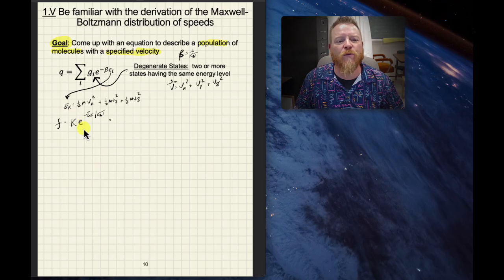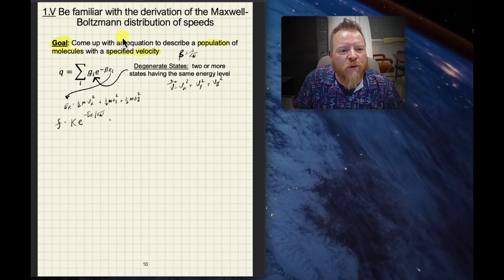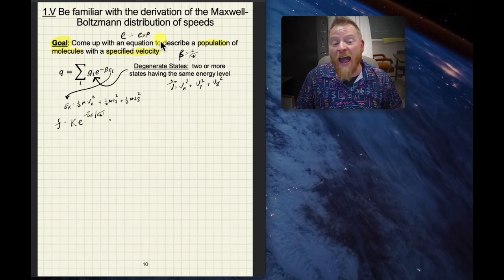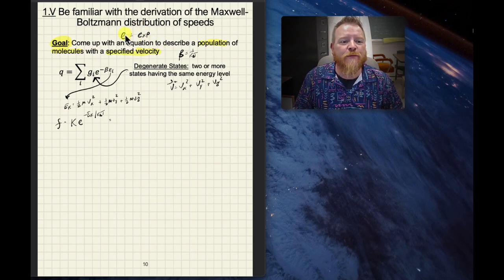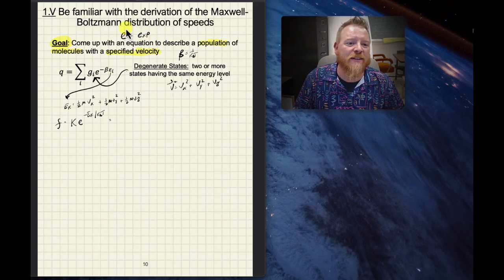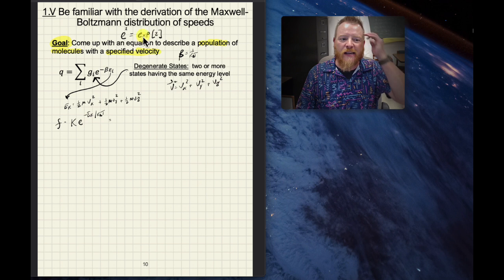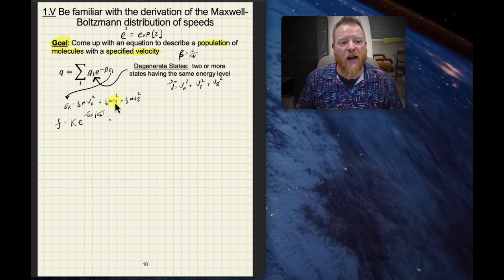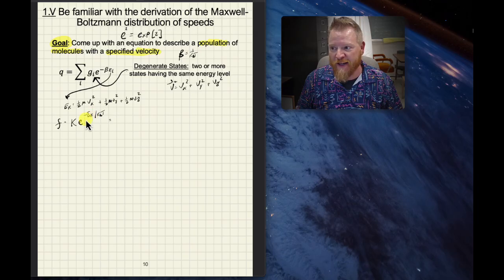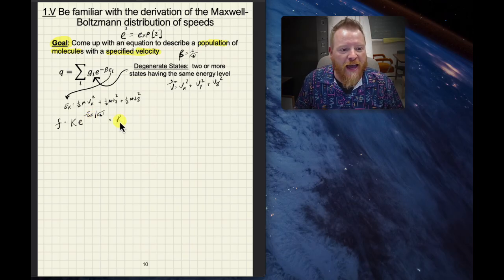And I'm going to rewrite e. So I often will write e as exp. And if, for example, I've got e raised to the second power, I'm going to write that as exp bracket 2. So this is just an example of notation to make this a little bit easier to write, because I have to put all these equations up in that exponent. So this is going to be k.